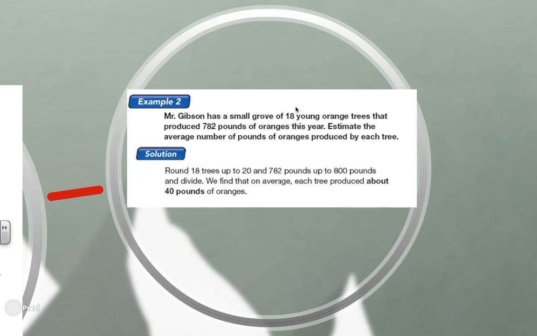So 18 rounded to the nearest 10 would be 20, and then 782, we're going to round this to the nearest 100, is 800, okay? So it's easier to divide using estimated numbers. So 20 goes into 800, we know, is 40. Okay, so on average, each tree produced about 40 pounds of oranges. Okay, the key word here is about, which is an estimation.